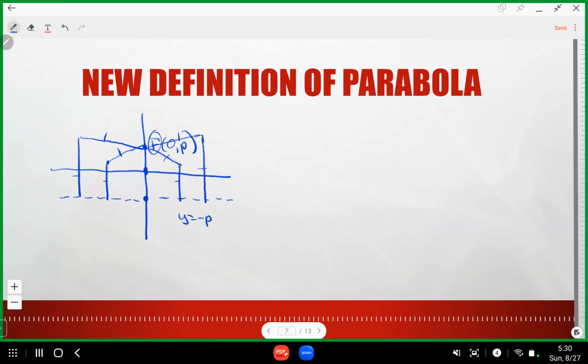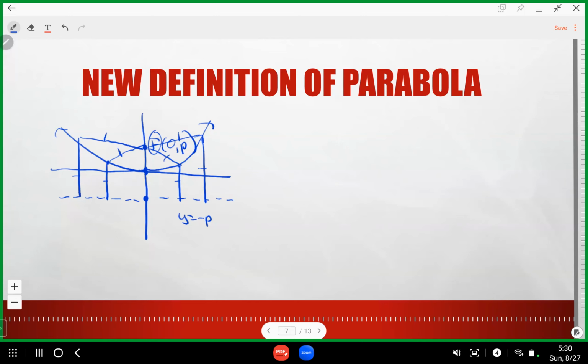When I need you to graph a parabola, I'm not really looking for very specific accuracy. You can always do this by graphing using a table of values, plugging in points for x and y, but the most important thing is to know the equation of the parabola, not just very precise graphing here.